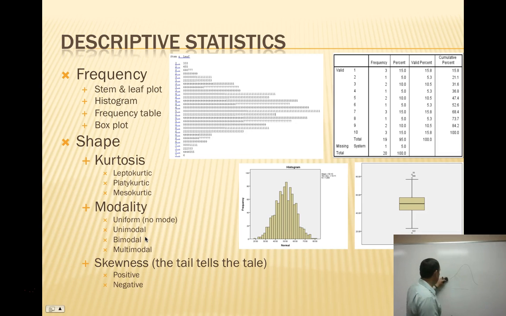And the opposite would be true if it were skewed the other way. The majority of data are on this side, the tail goes to the right, so this would be a positive skew.